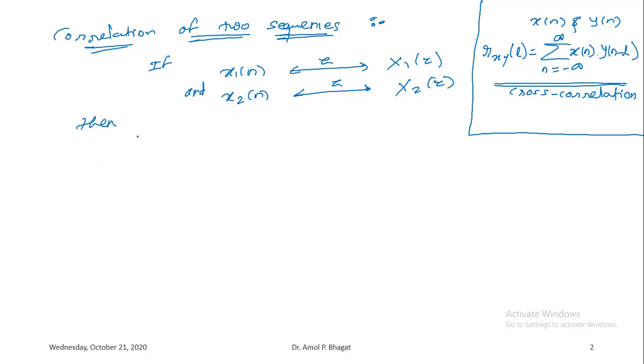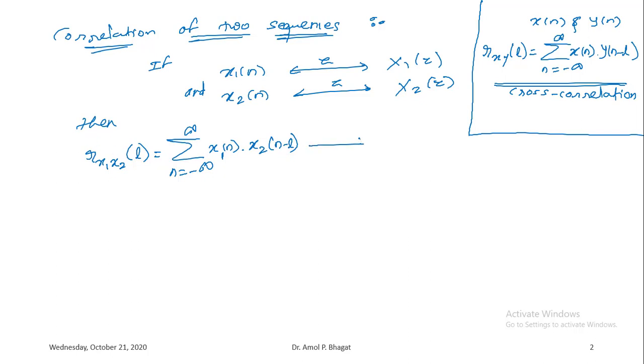Okay, so the cross correlation of these two sequences, x1 of n and x2 of n, will be denoted as Rx1x2 of L. Okay, and the formula for that will be summation, again n is equal to minus infinity to infinity, that is x1 of n into x2 of n minus L. Okay, so it is in time domain.